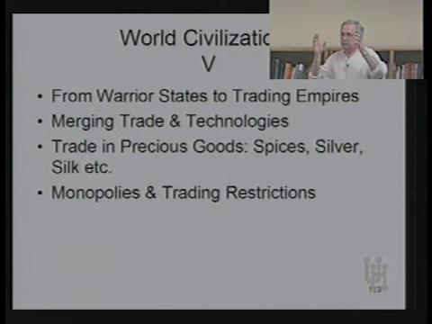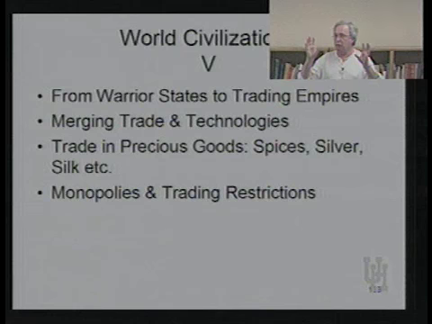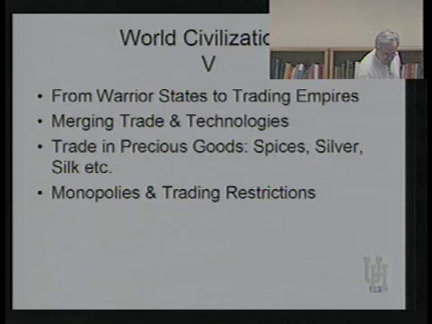So we get two very different courses of action among the new trading empires, with the Europeans in particular geared towards the idea of creating monopolistic control.